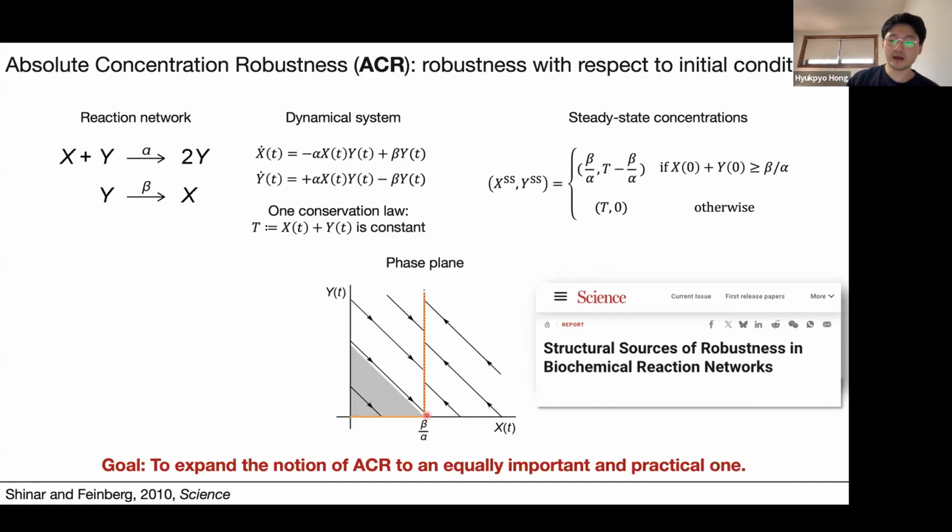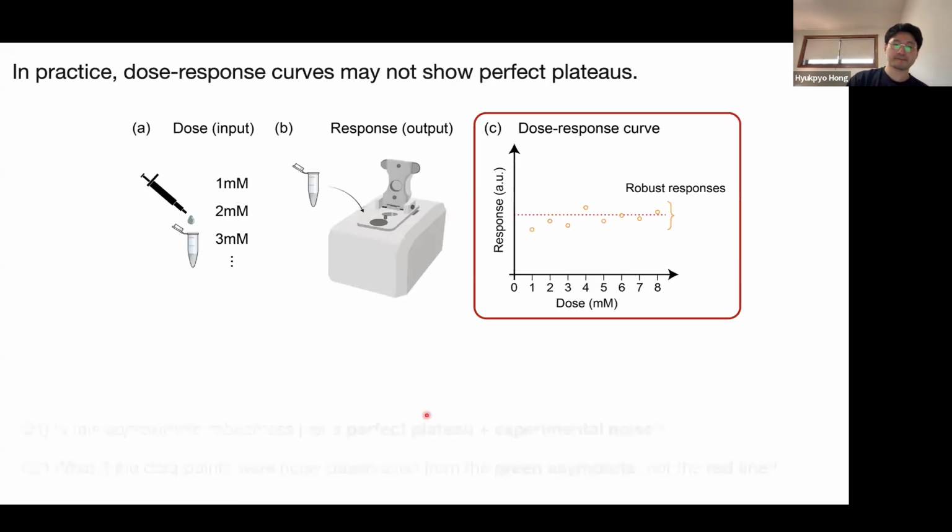Our goal in this work is to expand the notion of this ACR to an equally important and practical version. In practice, as I mentioned, the points or the data that we observe from experiments cannot be literally mathematically horizontal.